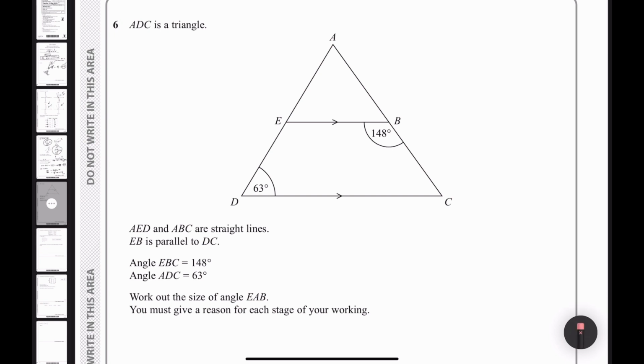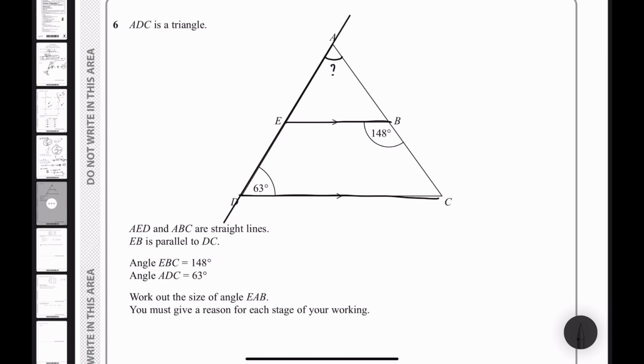All right, angle EBC is 148, angle ADC is 63. Work out the size of angle EAB. We have to work out this angle, this one. All right, so we have two parallel lines. So these two lines are parallel, and this line is intersecting them.